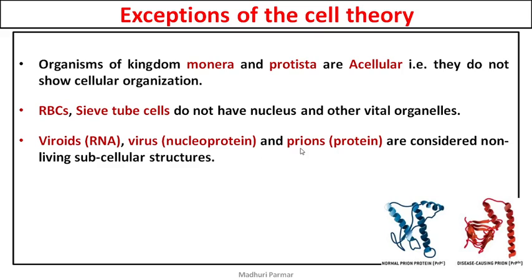Then prions. Prions are again proteins, but they are infectious proteins. For example, you have a normal prion protein and then it becomes a disease causing prion protein. Nobody knows exactly how this happens or what makes it get converted into this disease causing prion.